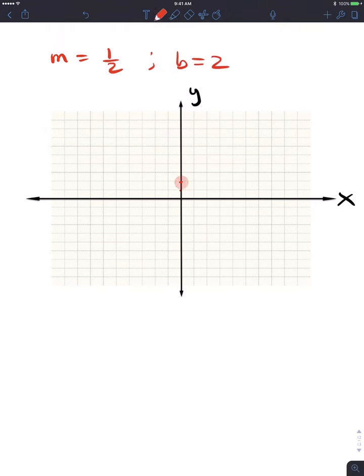We're now going to move up 1 and to the right 2. This is the location of my second point by using the slope. Up 1, to the right 2. We're now ready to draw our line.